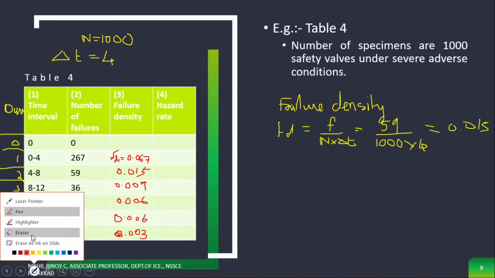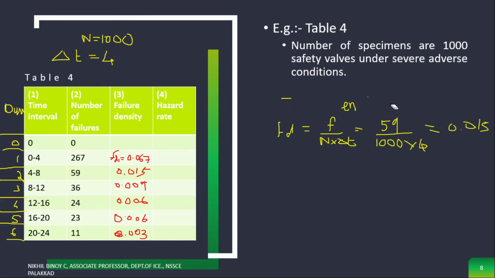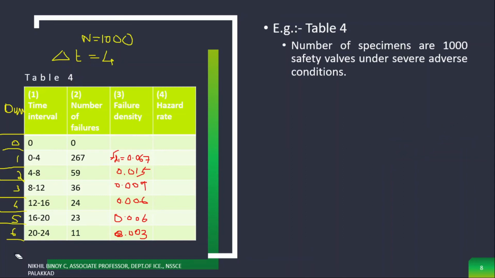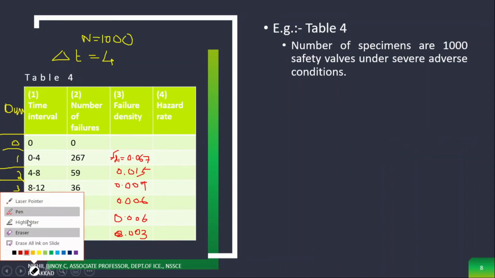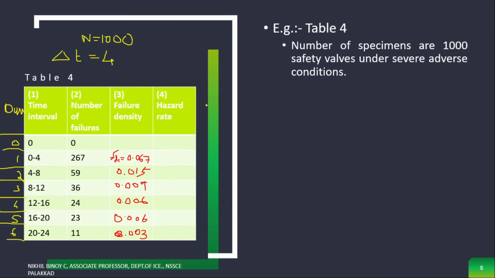Now what is the next thing we need? The failure rate or hazard rate. In order to calculate the hazard rate, we need the number of survival. So here we are going to write S, which means number of survival.